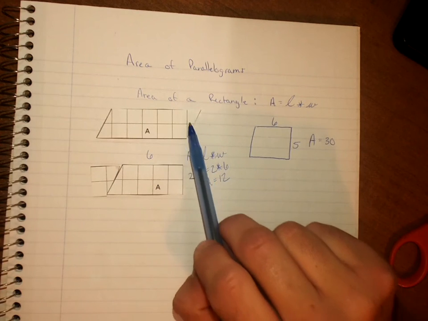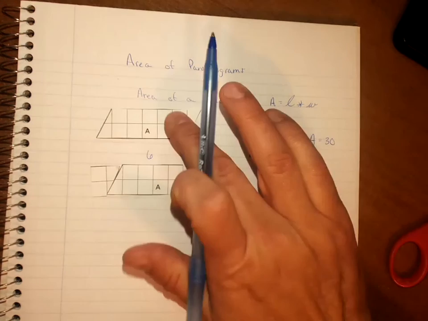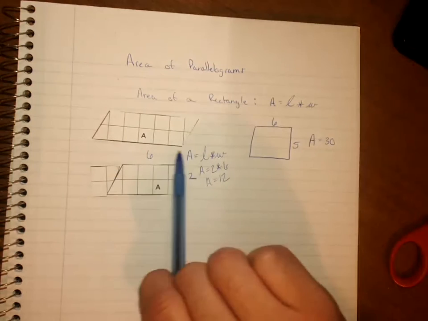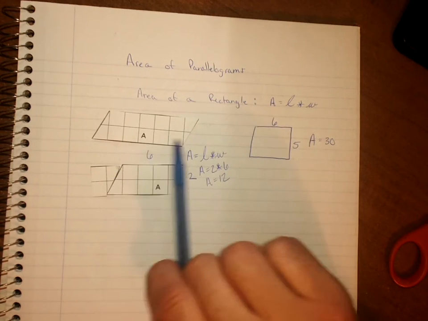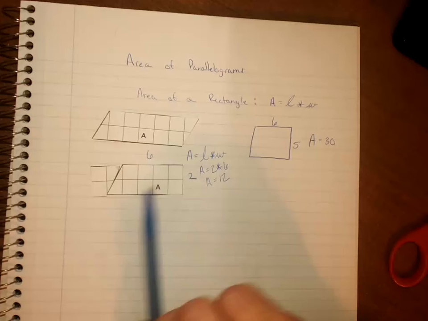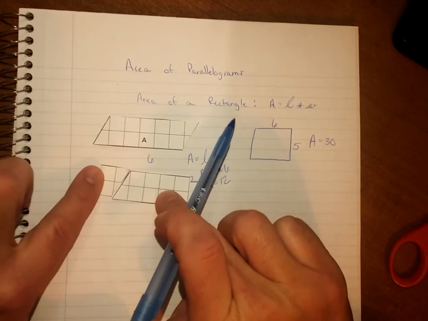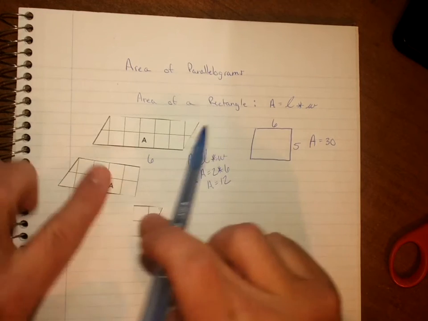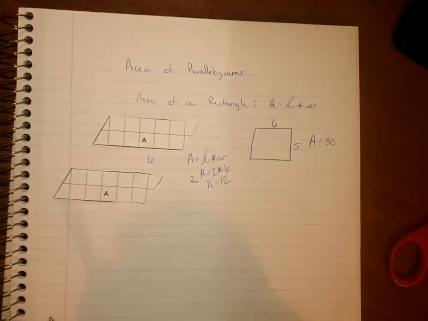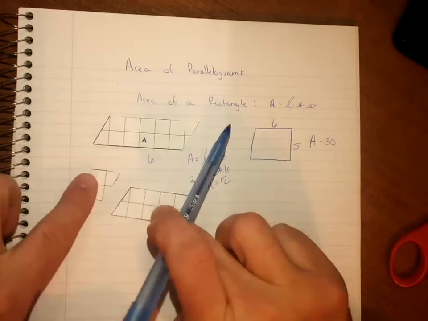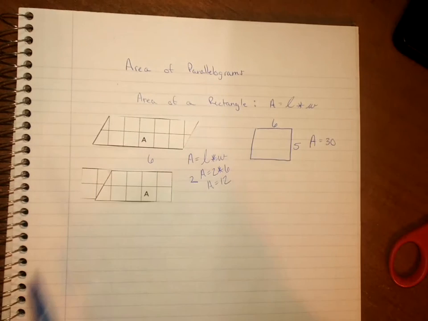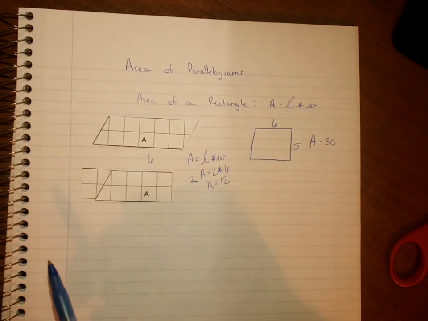On area of a parallelogram, I want you to kind of look at this and see how you get 12 from this, because the answer is also 12. The area is still 12. The area doesn't change. Just because I went like this doesn't mean it changes. So this is 12, and this is 12. How would I get 12 from this? Go ahead and pause and think it out. I'll have a solution for you when you come back.